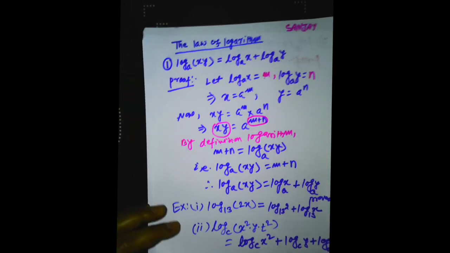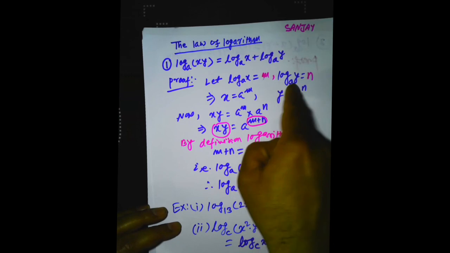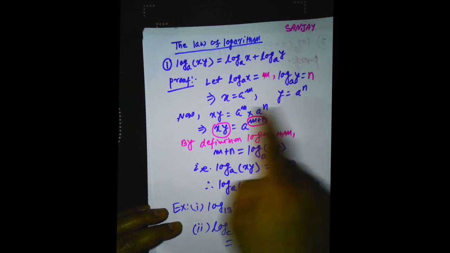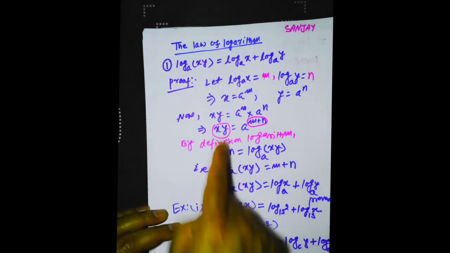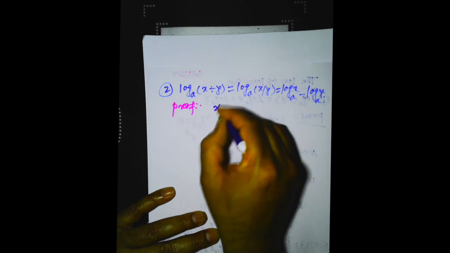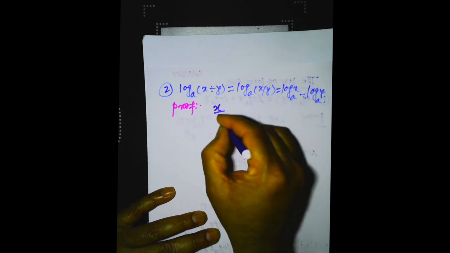After converting these logarithms into exponential form, we have terms like this. In order to find the product rule of the logarithm, we multiplied the two numbers x and y, but this time we are dividing, so we start with x divided by y.